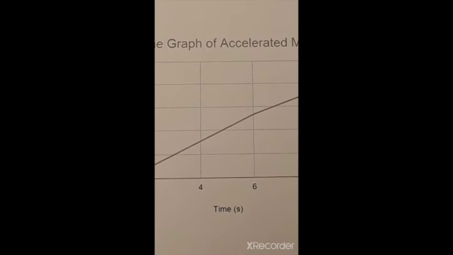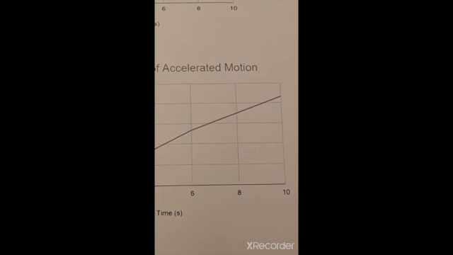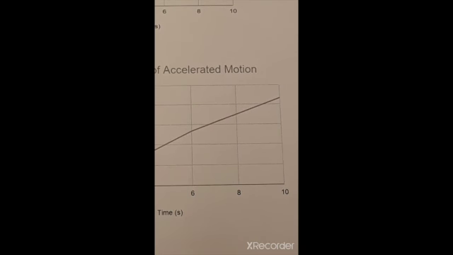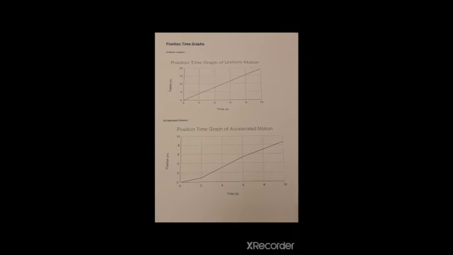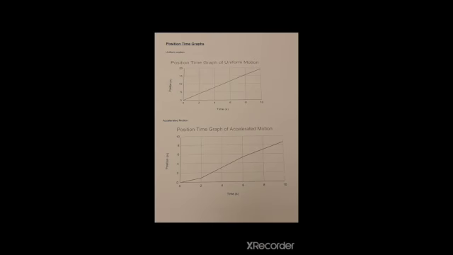Between 4 and 6, we went 5.324 meters. 6 to 8, we went 6.99 meters. And finally, 8 to 10, we went 8.6576 meters total. That means that we are not going at a uniform motion because we have different increments of speed every 2 seconds.